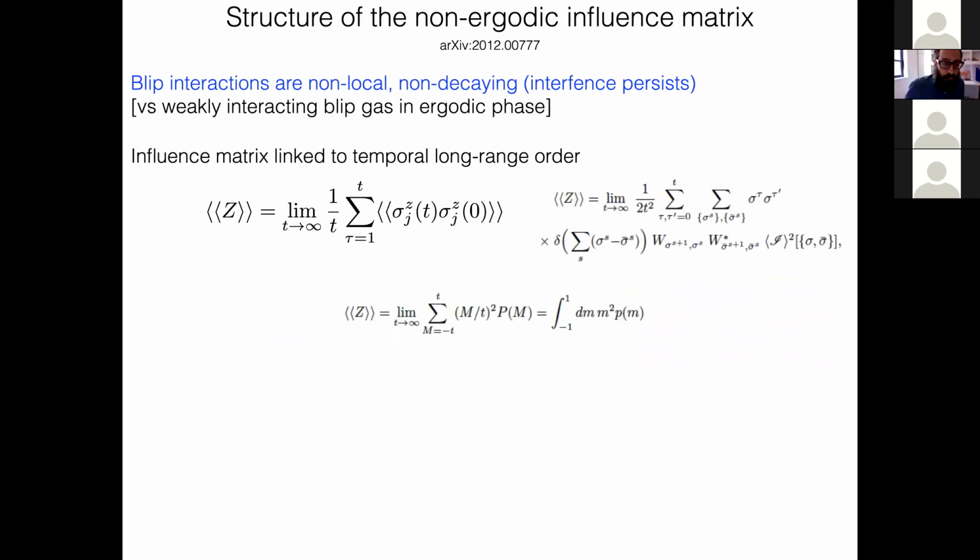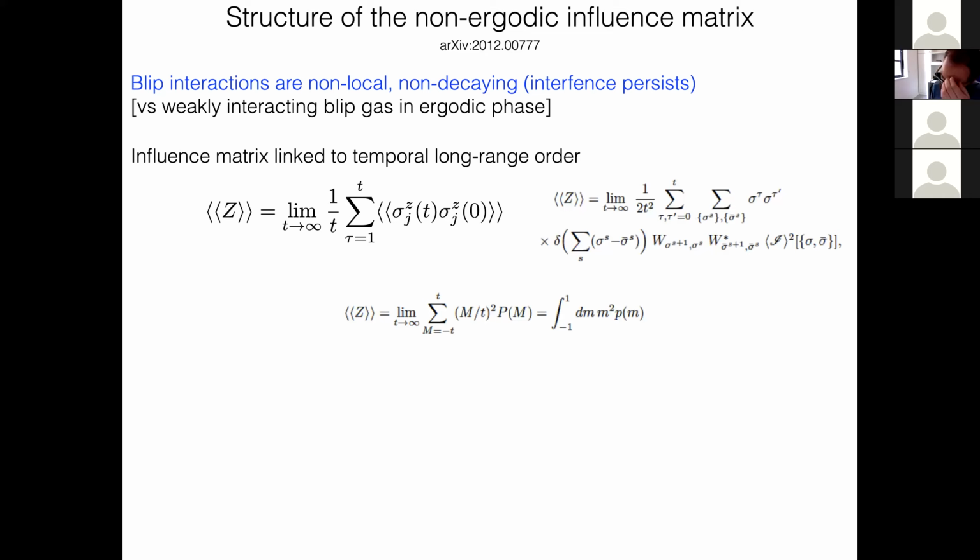Maybe in the last, I'm almost done, so just the last remark. Regarding the structure of the non-ergodic influence matrix, there are very dramatic differences compared to the familiar influence matrix of a thermalizing system. In this case, the blip interactions are non-local and they do not decay, which physically reflects the fact that interference remains important.